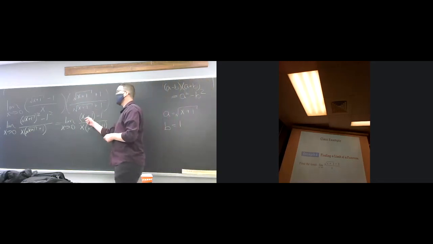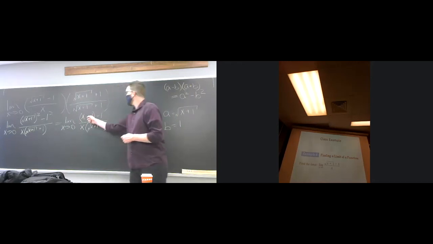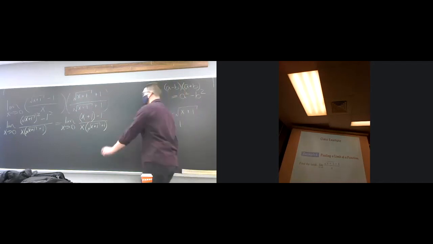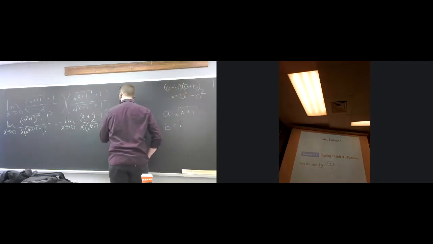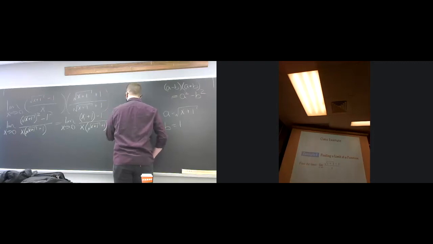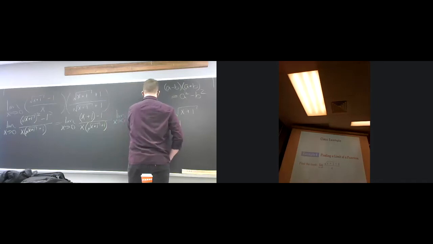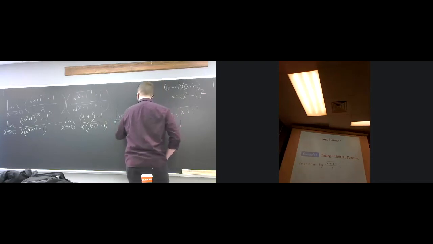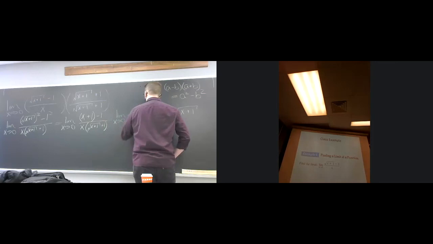Well, hey, we could drop those parentheses in the numerator. Yeah? When we do that, the ones are going to cancel. So we're left then with the limit as x goes to 0 of x divided by x times the quantity square root of x plus 1 plus 1.